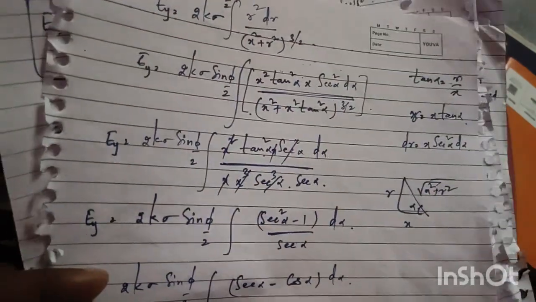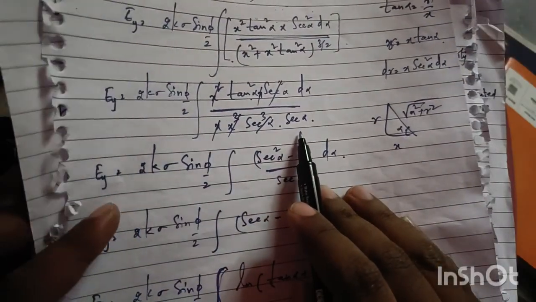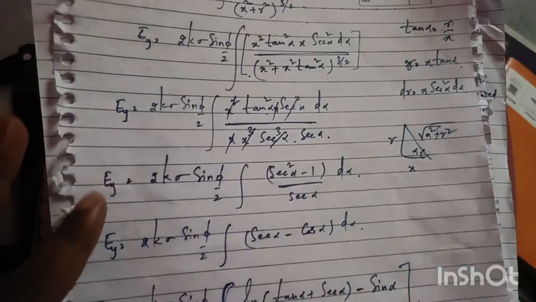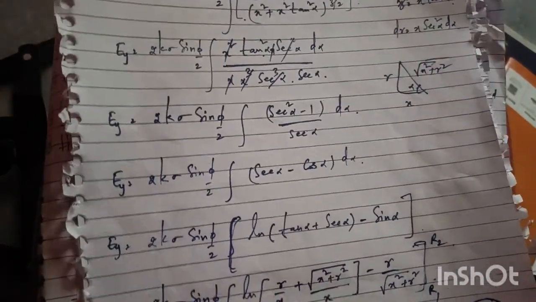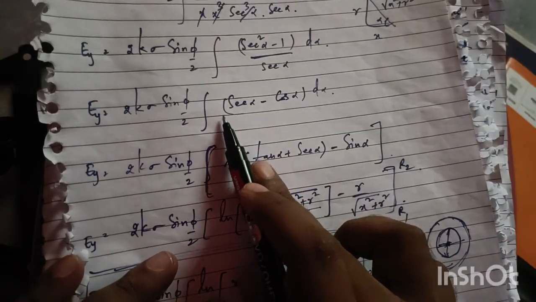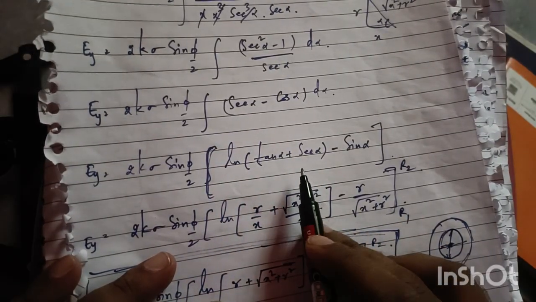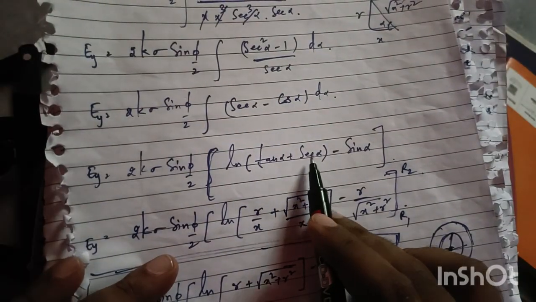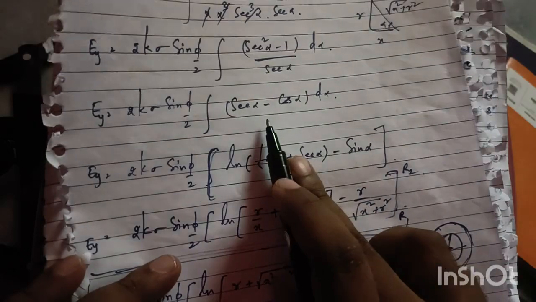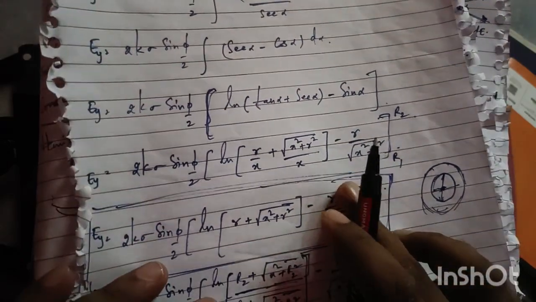What remains is tan square alpha in the numerator and secant alpha in the denominator. Tan square alpha I can write as secant square alpha minus 1, that is secant alpha minus cos alpha. So I integrate each term: integral of secant alpha is natural logarithm of tan alpha plus secant alpha, and integral of cos alpha is sine alpha, with a minus sign here.